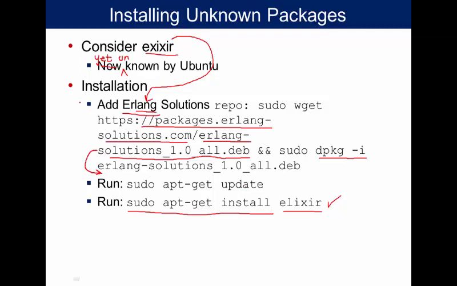After this, your Ubuntu operating system now understands if you say sudo apt-get install elixir. Now it understands.